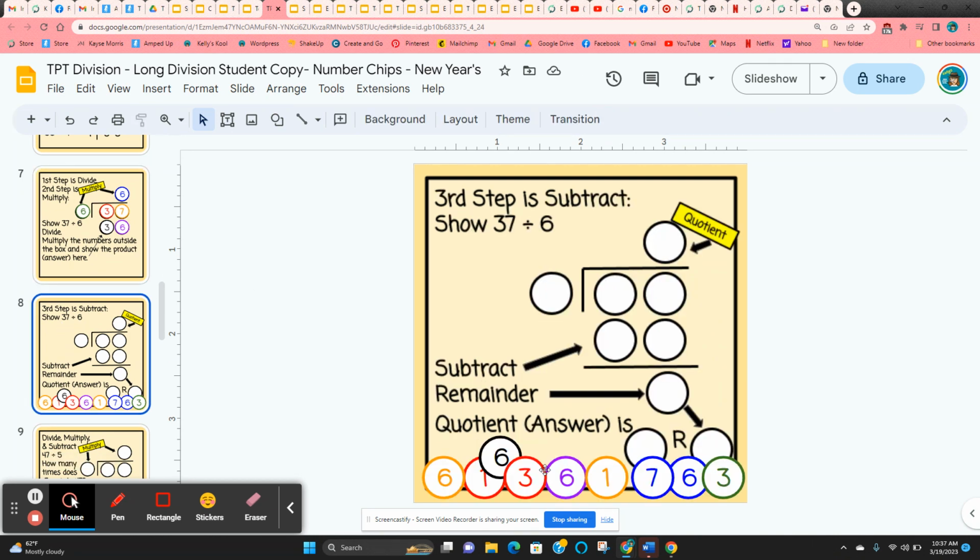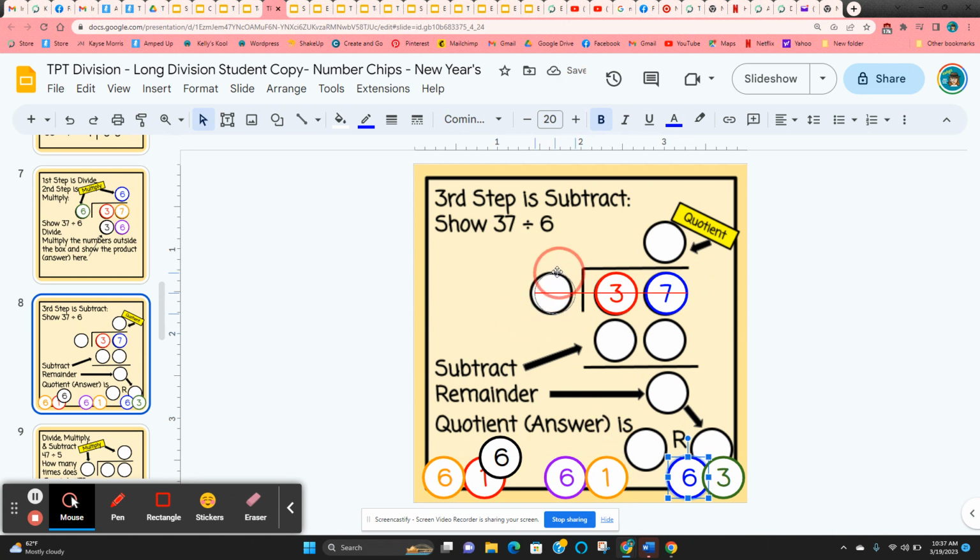So they already know where the numbers go. 37 divided by 6. 6 goes into 37 6 times. And the colors don't matter. So then they're going to multiply. They get 36. 6 times 6 is 36.